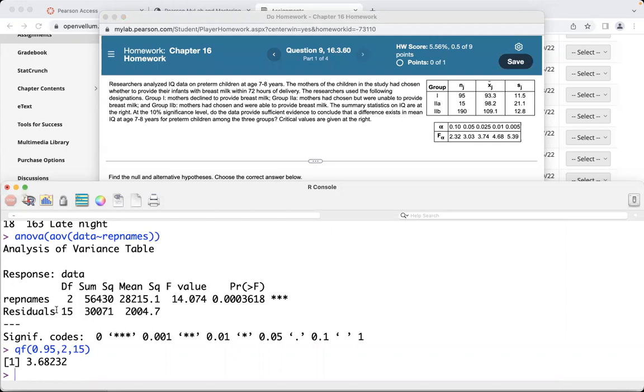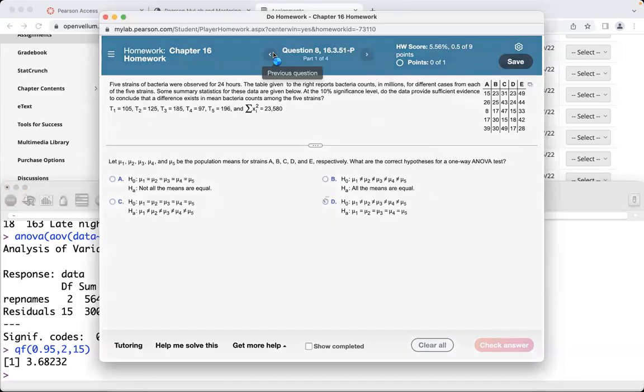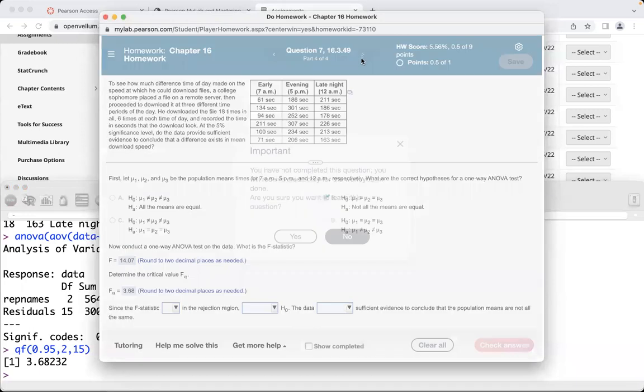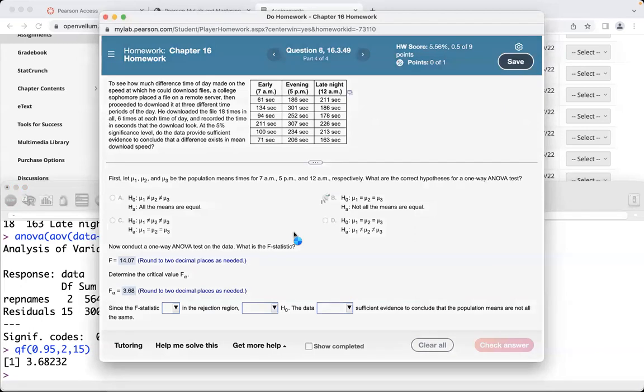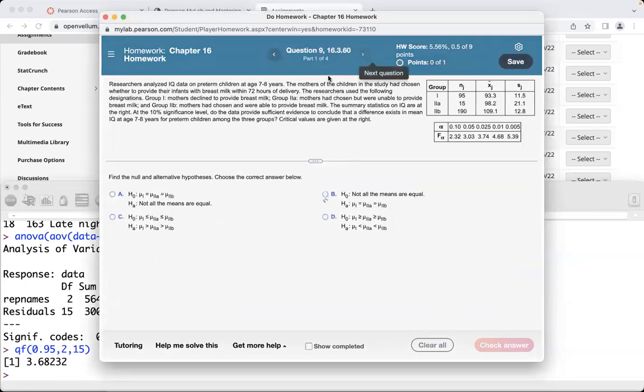With questions 7 and 8, you have groups with the same number of points. In question 7, for example, you have 3 groups, but they each have 6 data points. In question 8, you have 5 groups, but they each have 5 data points. And in question 9, you have 3 groups, but they have a variable number of data points. The way that I have the function set up, it should handle that just fine. And that's really all there is to chapter 16.